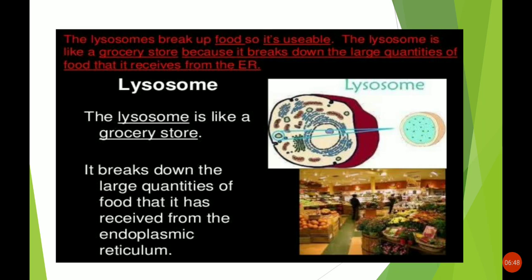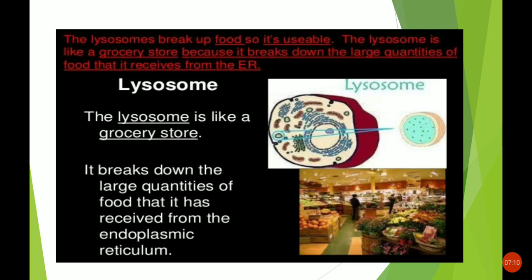Next are lysosomes. The lysosomes break up food so it is usable. The lysosome is like a grocery store because it breaks down the large quantities of food that it receives from the endoplasmic reticulum.